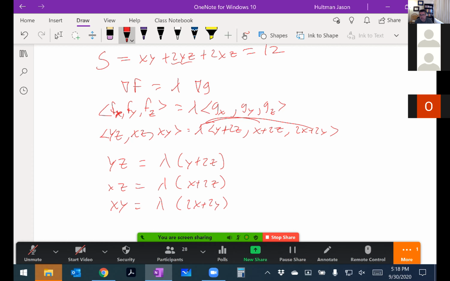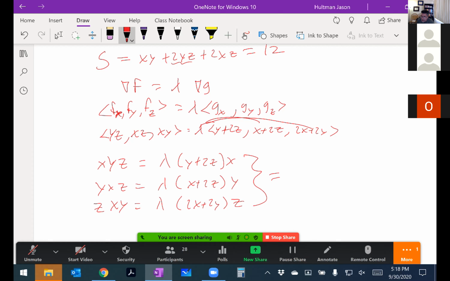Okay, so I'm going to do something sneaky here. I'm going to say that this is x, y, z, and I'm going to put an x there. Then y, x, z, and I'm going to put a y there. Then z, x, y, and I'm going to put a z there. And what does that allow me to do? It allows me to set all three of these equal to each other. Oh, that's kind of cool.